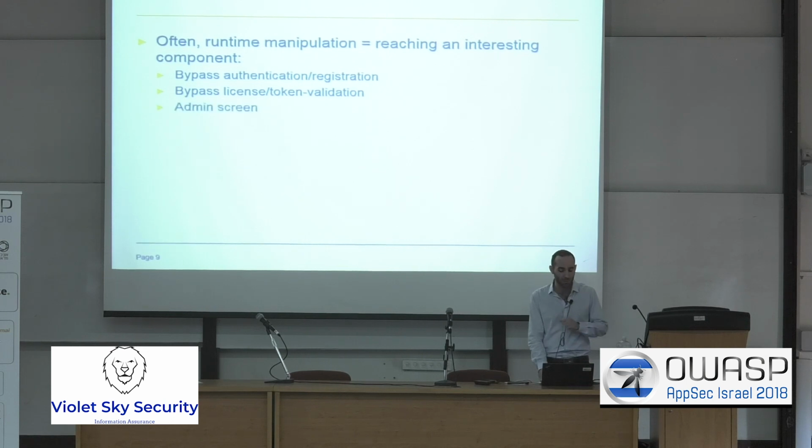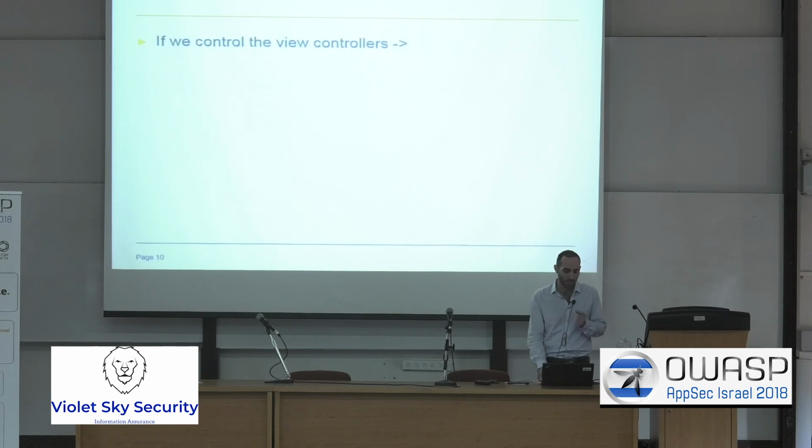Maybe we want to load administrative screens. And even getting away with jailbreak detection is relevant here. I can tell you that all of these things we could do just by tampering with view controllers. Because if you can tamper with the view controllers, you may be able to just load the desired components or get away with the ones interfering with us.